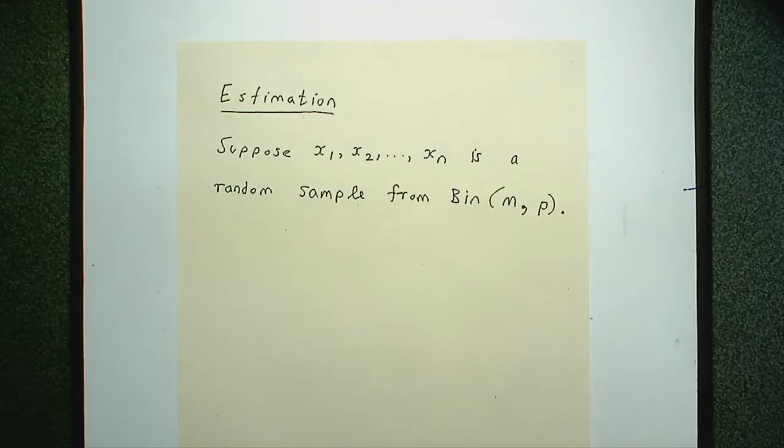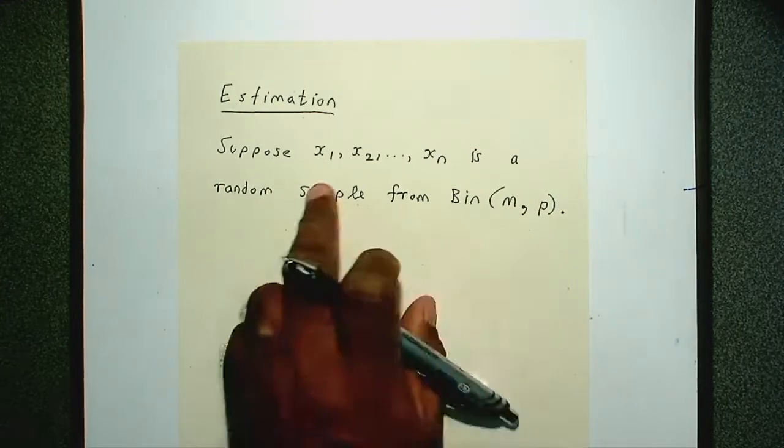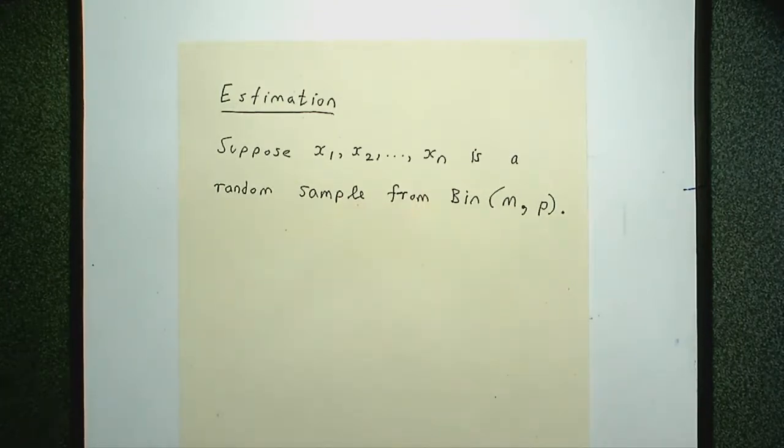So suppose you have a random sample from a binomial distribution, right? Once again, this is the population and this is the sample. Remember the distinction between a sample and a population. The population is usually something unknown.